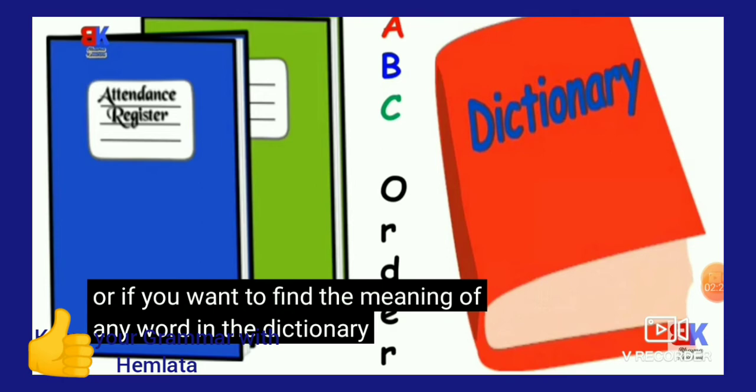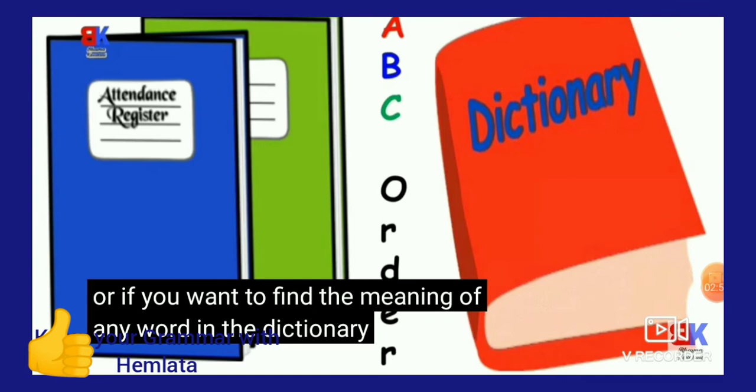We can take a big example of the dictionary, like if we have to find apple, then we find the letter A, then P. Okay, apple. So that's how we can find the word apple in the dictionary.